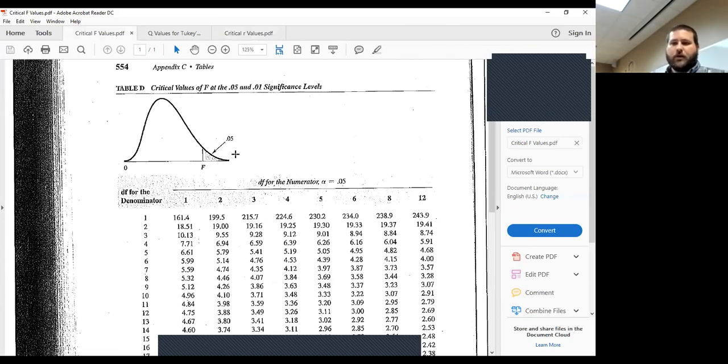Way back when we talked about ANOVA, I talked to you about degrees of freedom for numerator in regression is the degrees of freedom regression. Degrees of freedom for the denominator is degrees of freedom error. So we had DF reg, we said, is always 1. So we're never going to leave this first column when we test regression. DF error is denominator, and that was 7. So we go down 7 over to 1, and here we have our F critical value, 5.59.